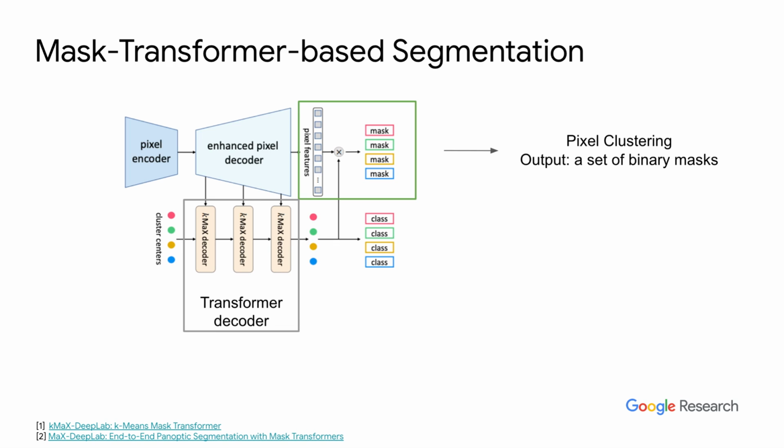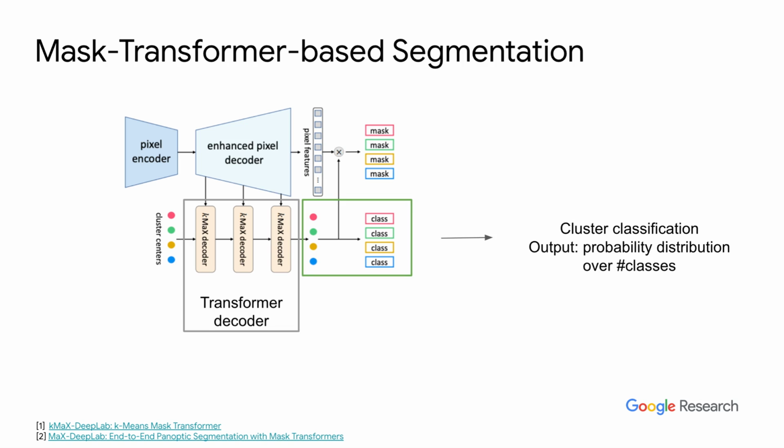The generated cluster center embeddings are multiplied with the pixel features to yield a set of binary masks. This procedure groups pixels with similar semantics into the same clusters. That's called pixel clustering. The other component is cluster classification, which assigns a cluster label to each cluster with a probability distribution over all classes.